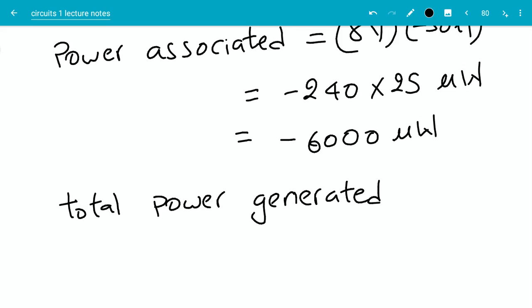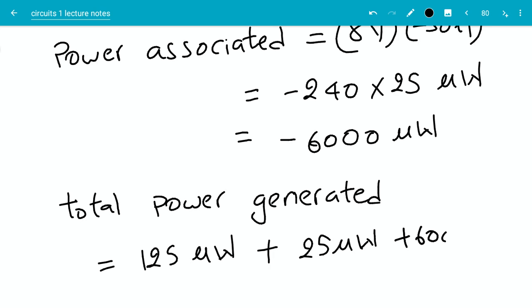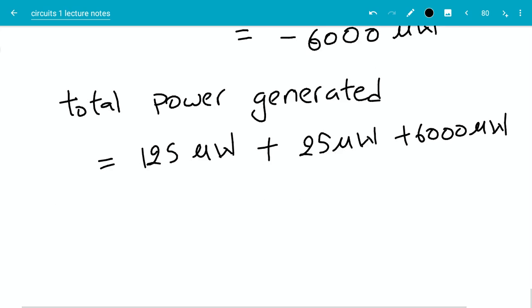The total power generated would therefore be equal to 125 microwatts, which will be by the 5 volt voltage source, plus 25 microwatts, which will be by the 1 volt voltage source, plus 6000 microwatts, which will be by the 8 volt voltage source.